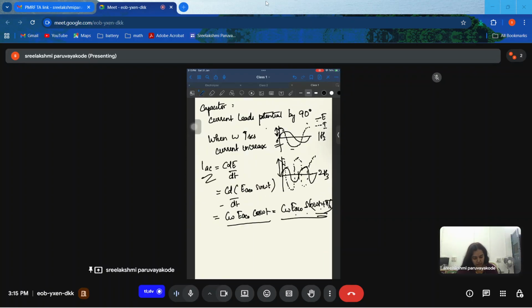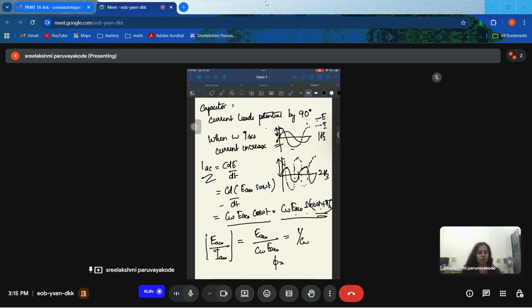So here, EAC naught by IAC naught equals EAC naught by C omega EAC naught, which is equal to 1 by C omega, with a negative sign here. Now, what does the phase become?